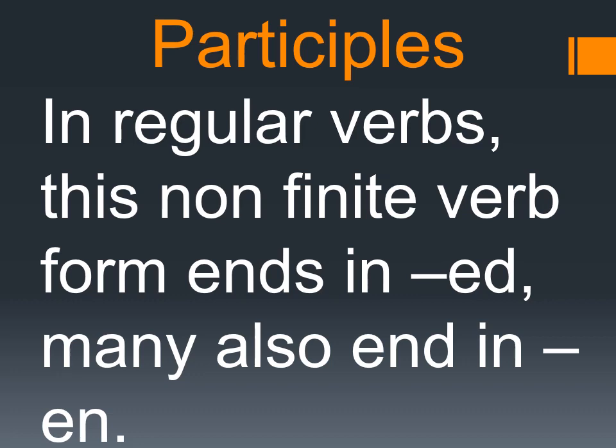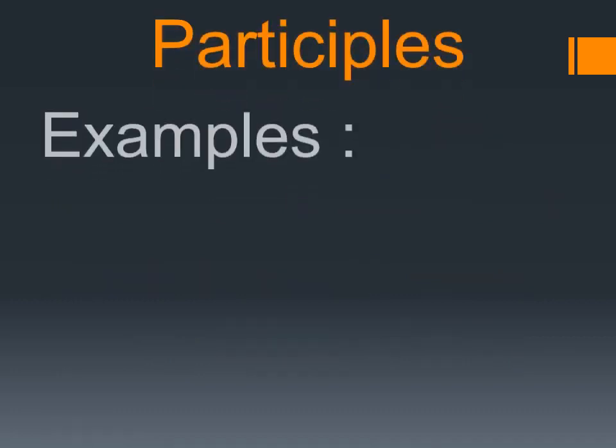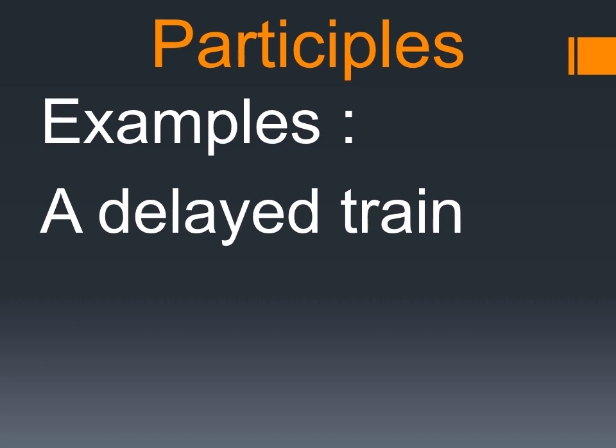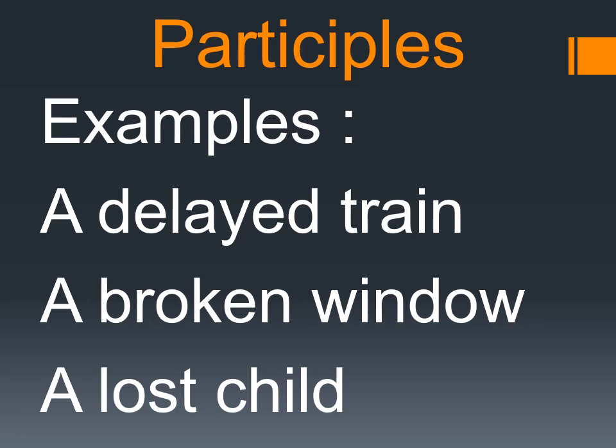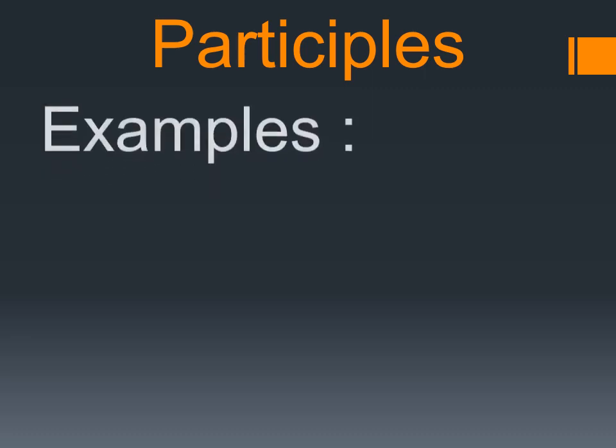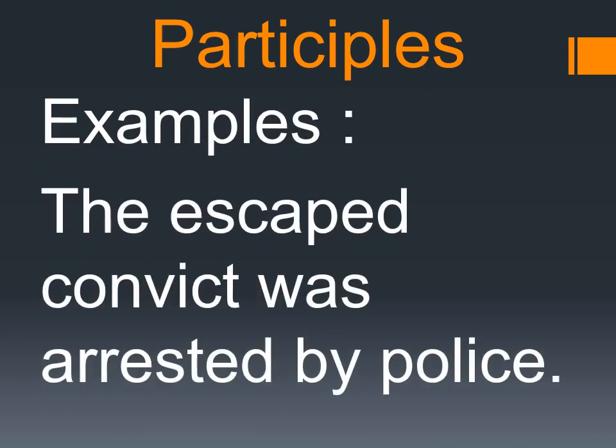Many also end in en. For examples, a delayed train, a broken window, a lost child. If I talk about the sentence, the escaped convict was arrested by police. So escaped convict. Escaped will be the third form of the verb which has also been used as an adjective. So here escaped will be a past participle.